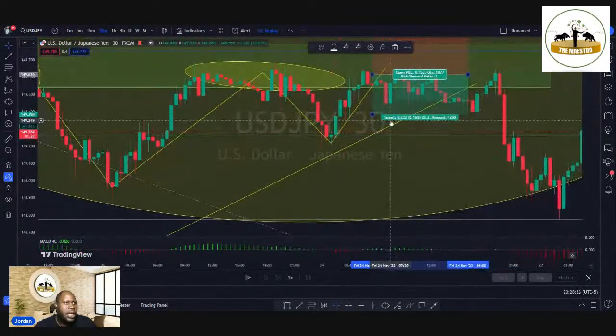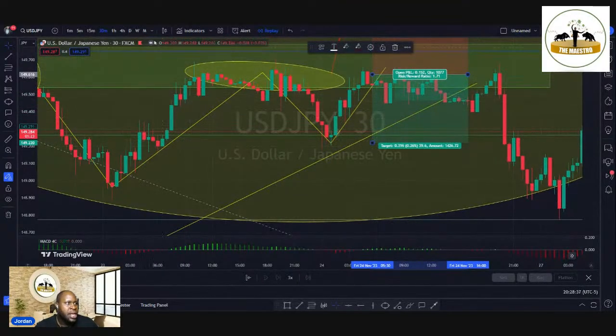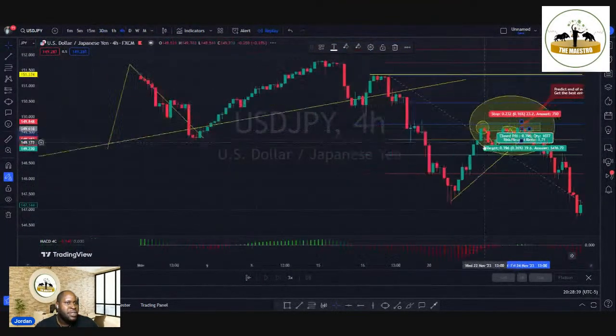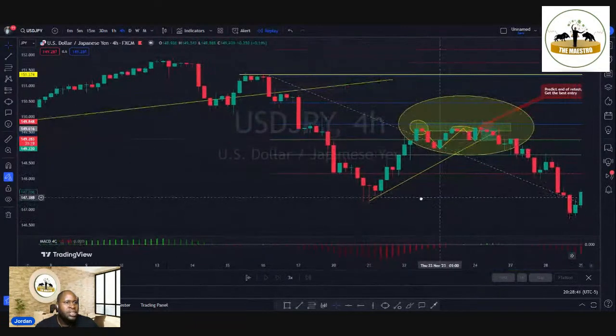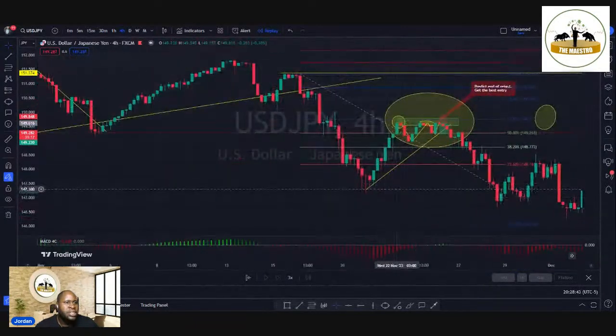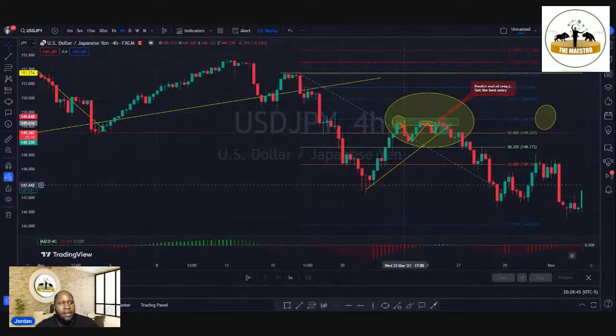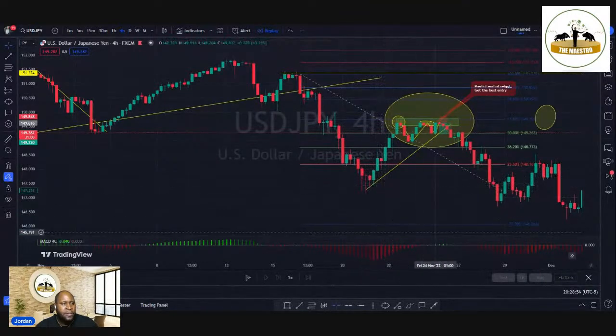And now my target, I'm going to look on the higher time frame to see what is a reasonable target. What I can do is look at the previous low where price found an area of demand, and use that as a point of reference for my TP.